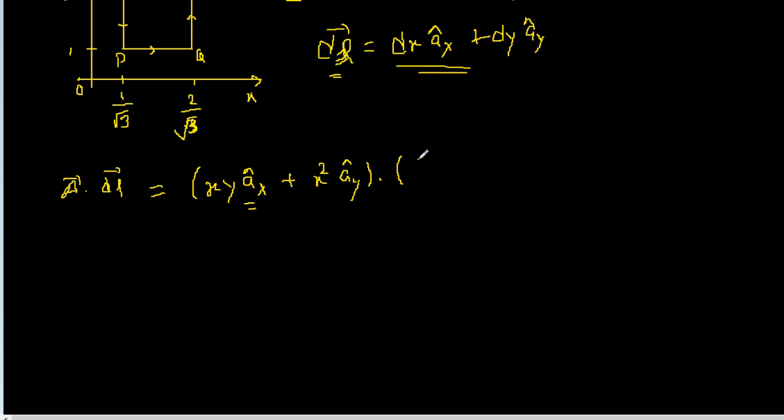So dl is dx x cap plus dy y cap. Now multiply this equation.